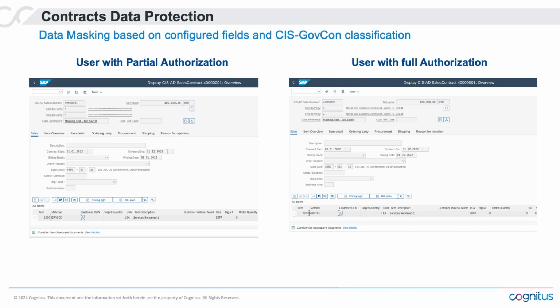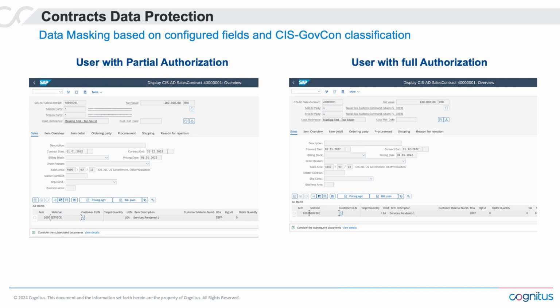So on this slide, you can see that the first user has partial security authorization, while the second user has full authorization. Now in this example, some data like partner information, prime contract number, and WBS element are masked for the first user, while the second user can view all that information on the same contract.